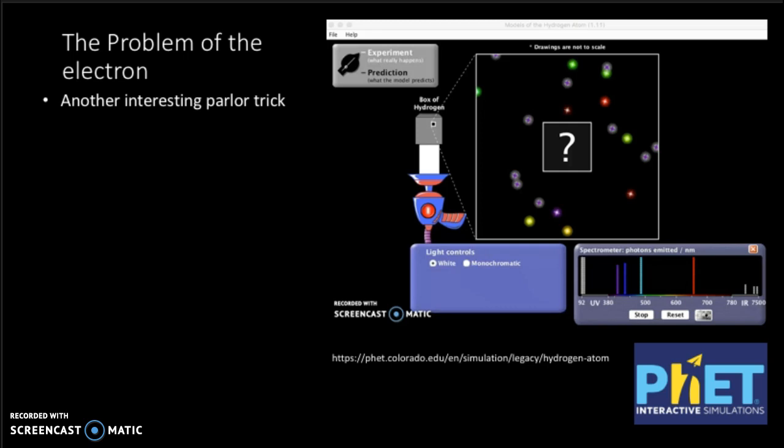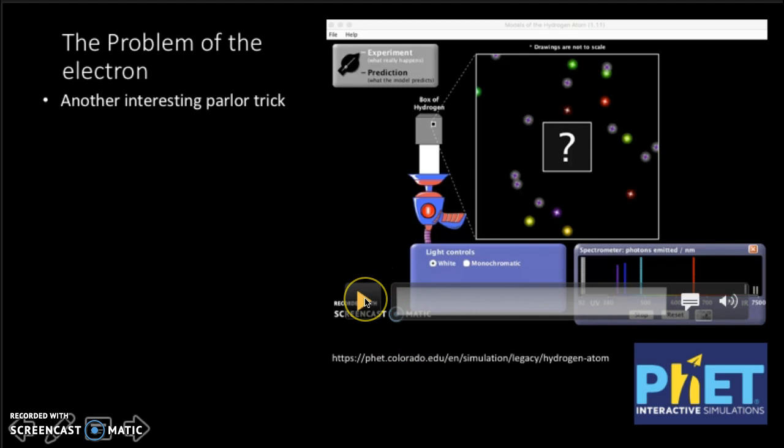And the interesting thing about the noble gases is that if you fill a glass tube with a noble gas and run an electric current through it, it glows. And it glows a very specific color. This was a fun parlor trick, but nobody could explain why they did that, and nobody thought anything of it until Niels Bohr comes along and does something a little extra to that gas discharge tube.